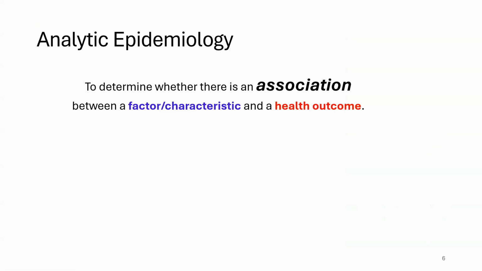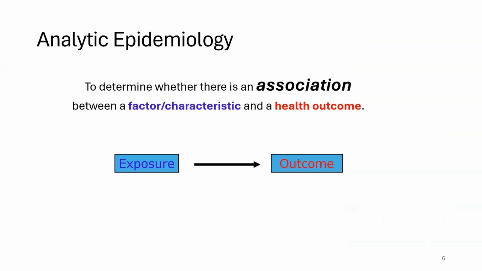So, the goal of analytic epi is to determine whether or not two things are related. So, I keep using the word exposure. And what I really mean by exposure is some type of factor, characteristic, determinant that contributes to the development of some sort of outcome.